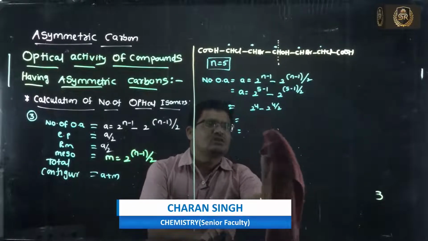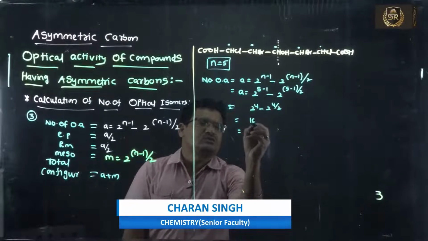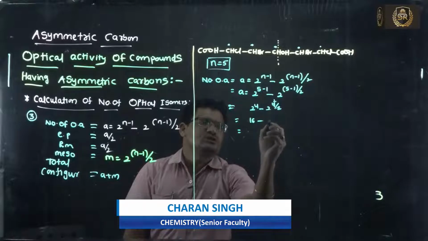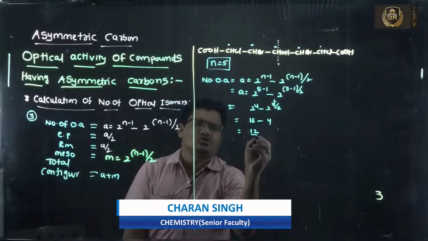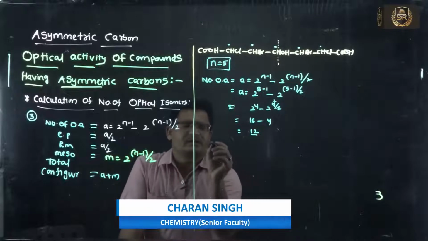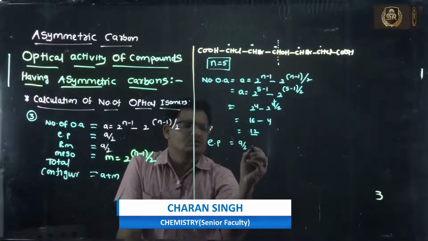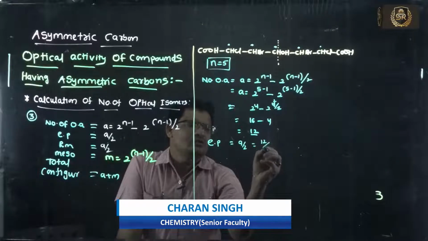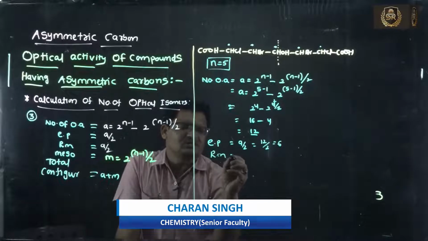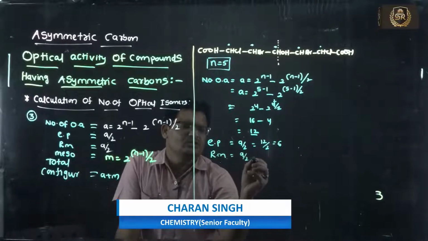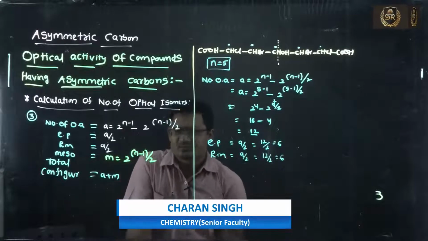Now in this one, 2 power 4 is 16, and 2 power 2 is nothing but 4. 16 minus 4 equal to 12. Enantiomer pair equal to A by 2, which is 12 by 2 equal to 6. Racemic mixture is also A by 2, 12 by 2 equal to 6.